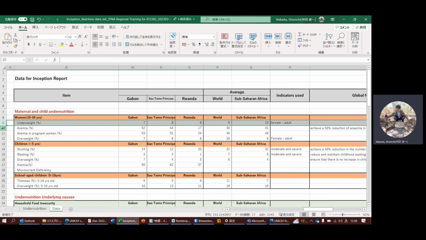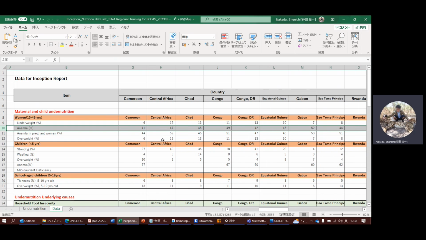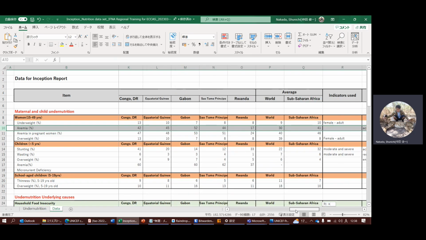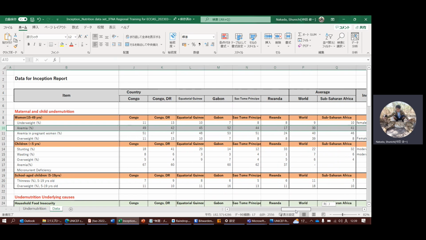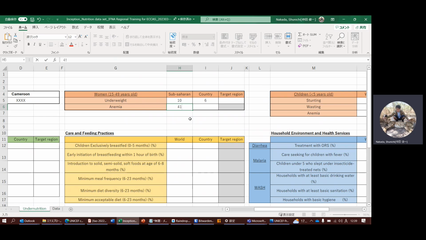In this way, you can fill the data one by one, using data here, like anemia, Cameroon. Cameroon is 41, and Sub-Saharan Africa 41. So 41 and 41, it's the same. Okay, so now we put 41 and 41.